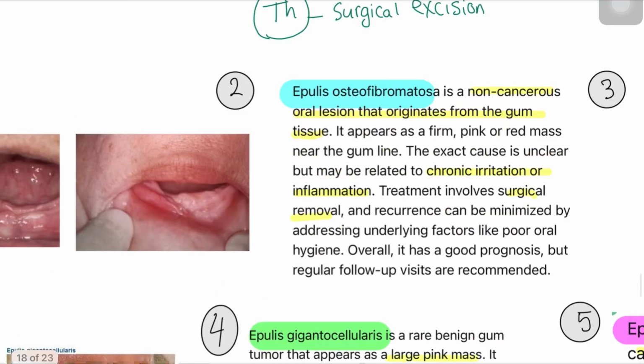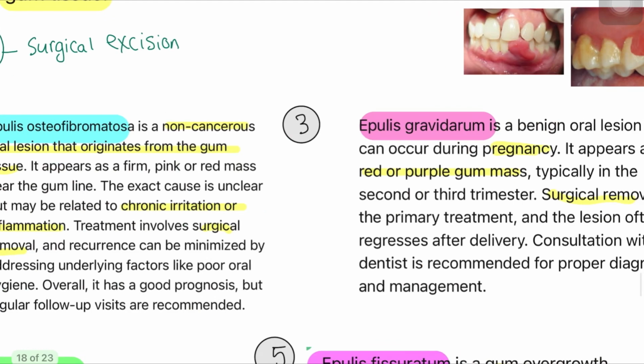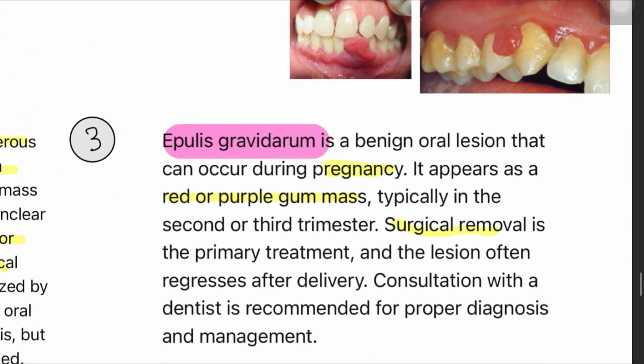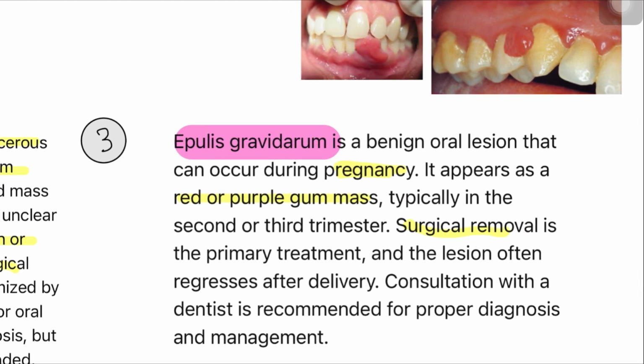Okay, and then we have number three, which is Epulis gravidarum, which is in pregnant women. It usually occurs in pregnancy, as you can see. It's this lesion here, and usually it can happen in the second or third trimester.